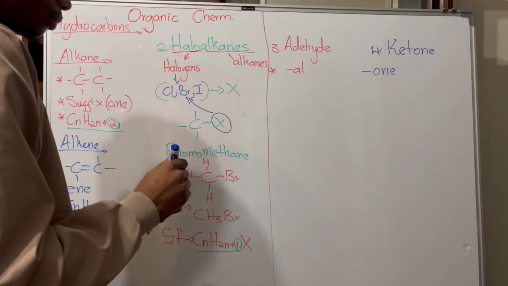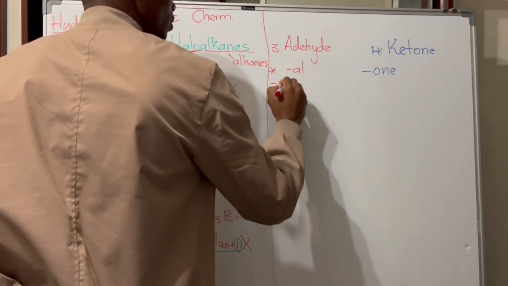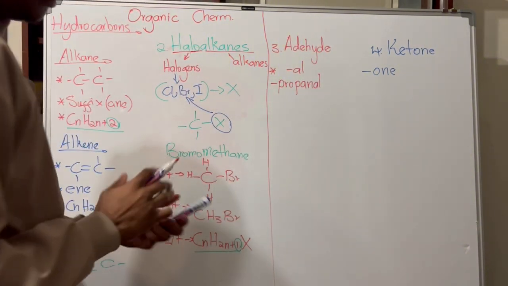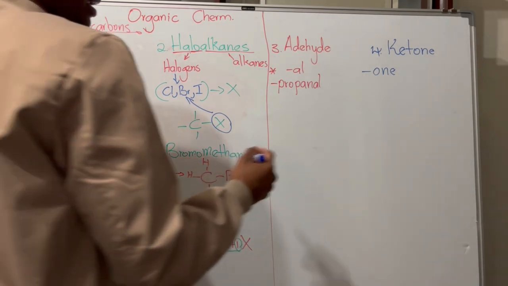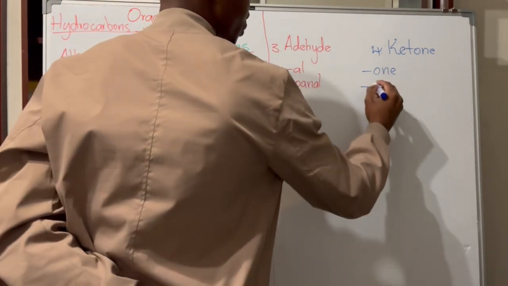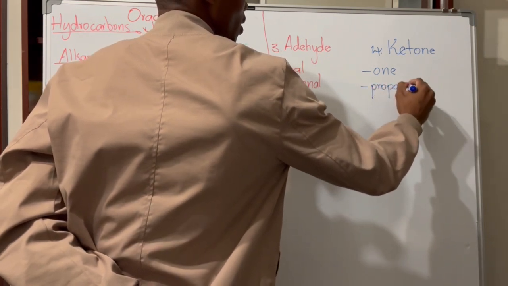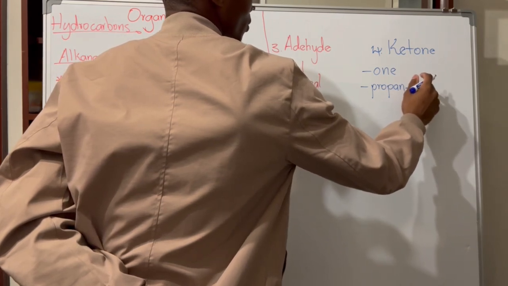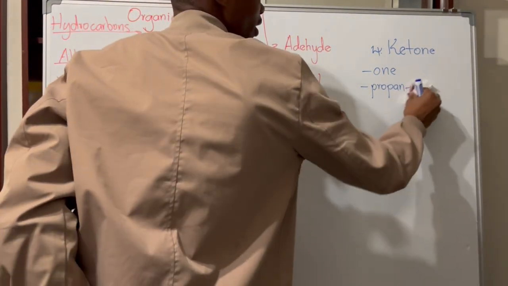An example can be propanal here, an example can be propan-1-one. Sorry, okay, let's just erase here.